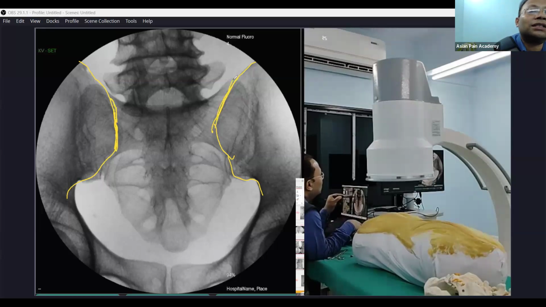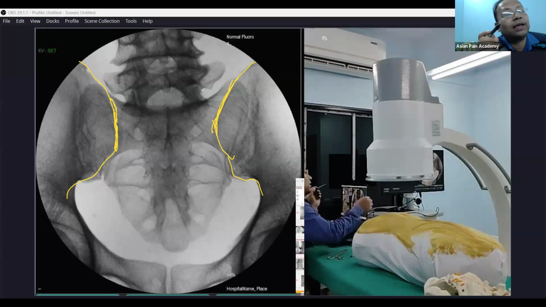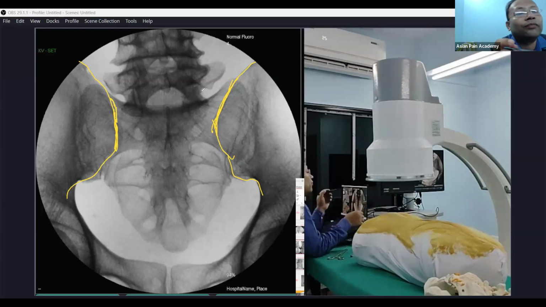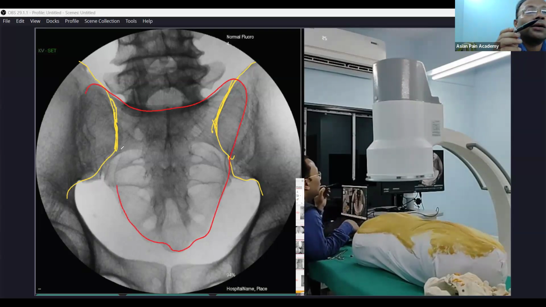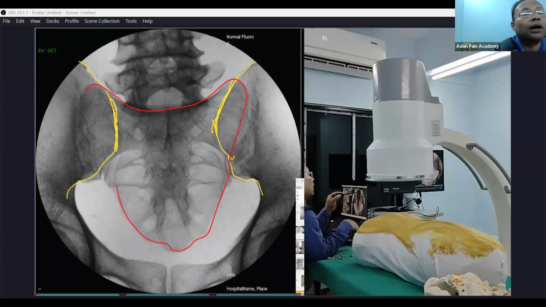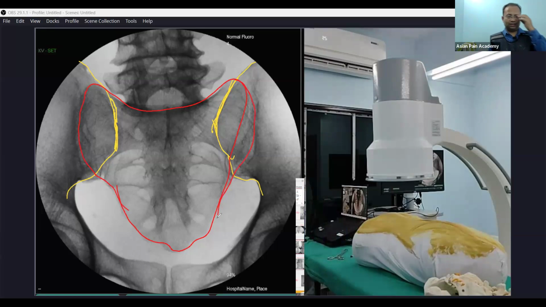Okay, this is not touching the sacrum, as I have already showed you. Now let us see the sacrum. Where is the sacrum? So this is the sacrum.